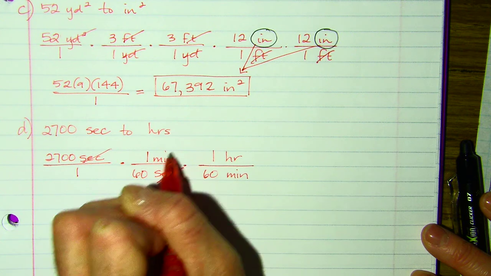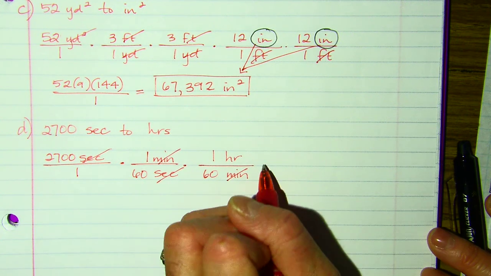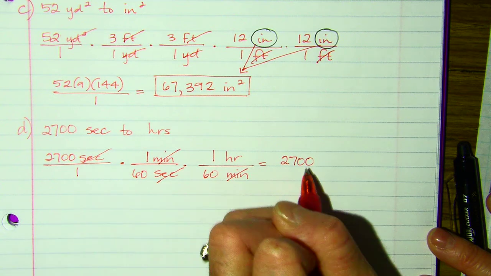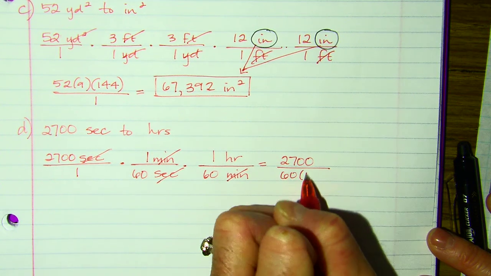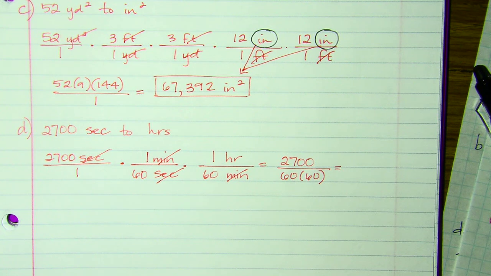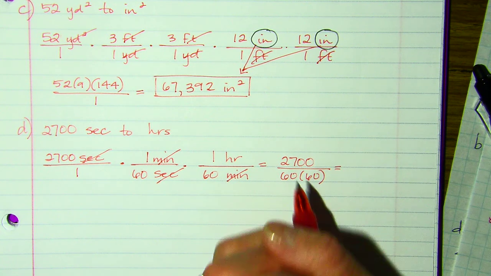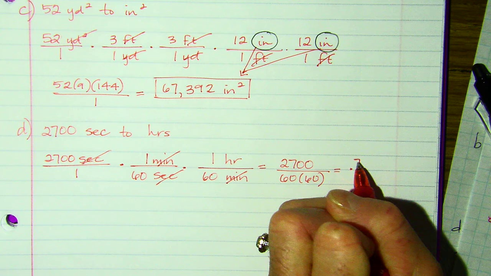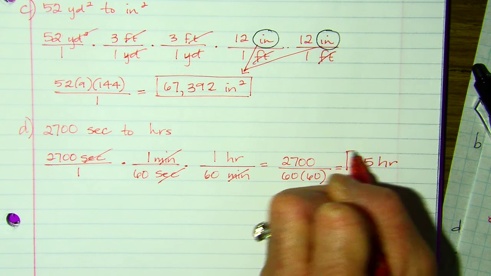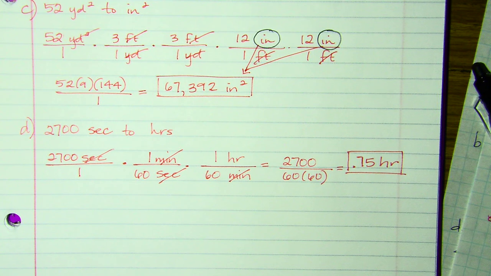Seconds over seconds, minutes over minutes. So I'm left with 2,700 times the 1 over 60 times 60. And so 2,700 divided by 60 times 60, I got 0.75 or 3/4 of 1 hour. So 0.75 of an hour, 3/4 of an hour is 45 minutes.